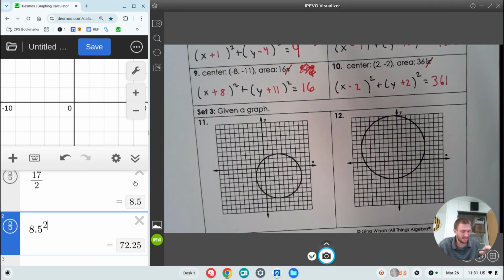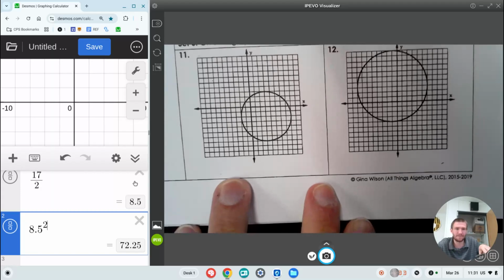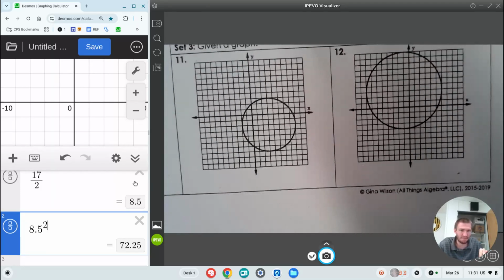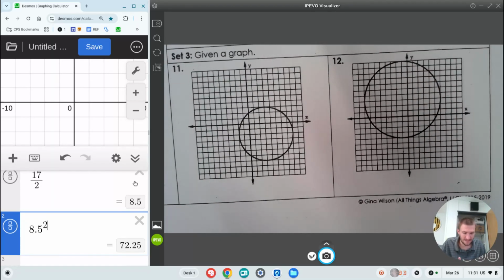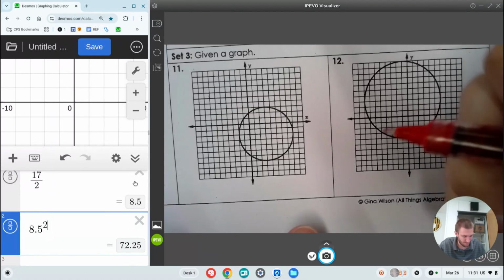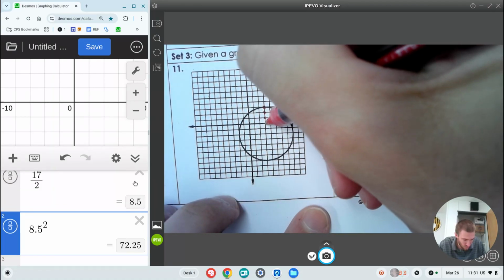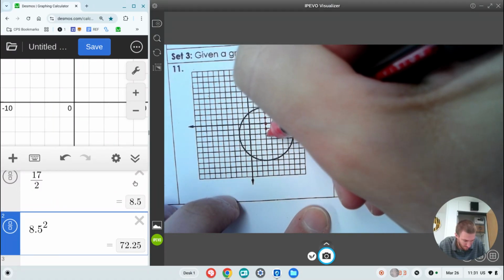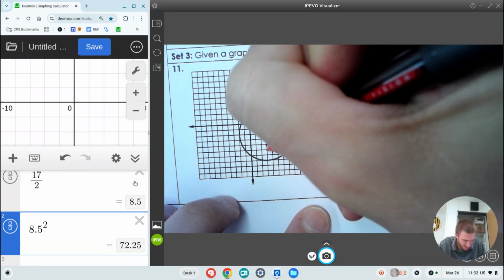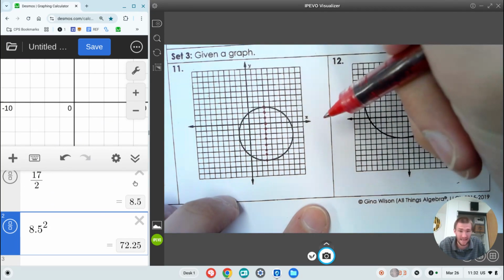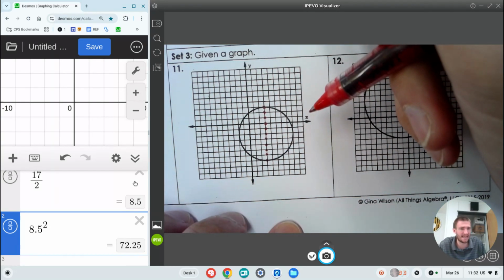Now the last piece is looking at the graph. If we're looking at the graph, we need to find what is the center and what is the radius. Some of us will be very good at picking the center, but you have to be careful and make sure you get it right. If you're not sure, you can count 1, 2, 3, 4, 5, 6, 7, 8, 9, 10. 10 is the diameter.